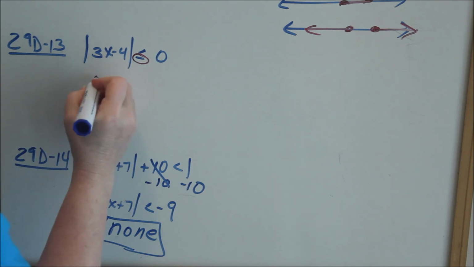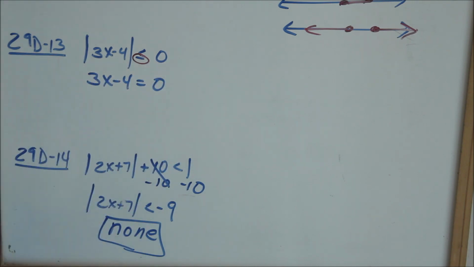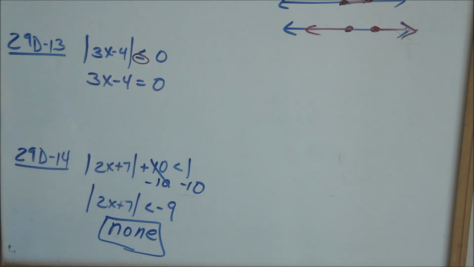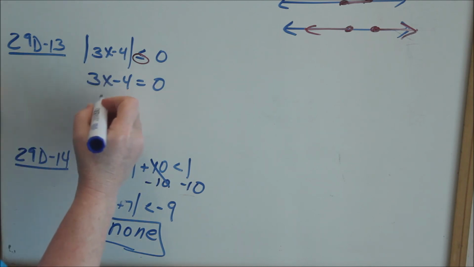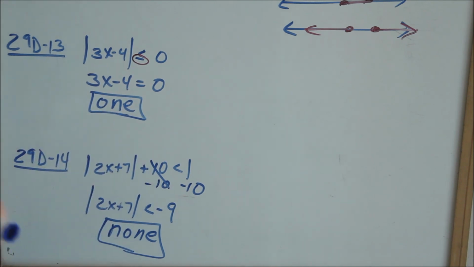So, what you can do to solve this, 3x minus 4, we said it could be equal to 0. It will never be less than 0, but it could be equal to 0. And then when we go to solve this, that only gives us one solution. This has an exponent of 1, which means one solution. So for this one, we're only going to have one solution. It was kind of tricky because they don't give you the option of one solution. So that one will only have one solution.